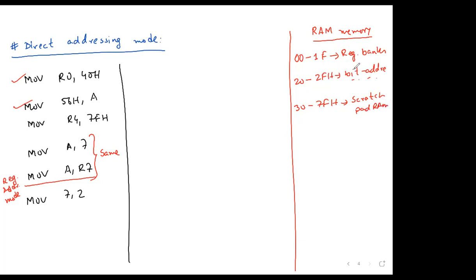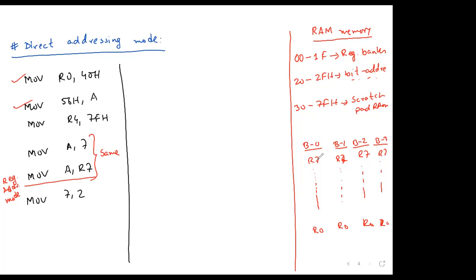And if you remember, we had 4 banks: bank 0, bank 1, bank 2, and bank 3. All these 4 banks had 8 registers from R7 up to R0.